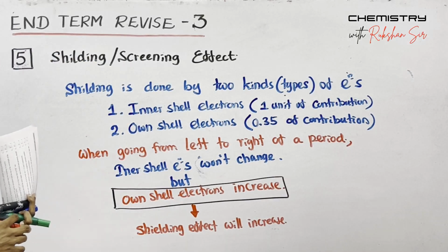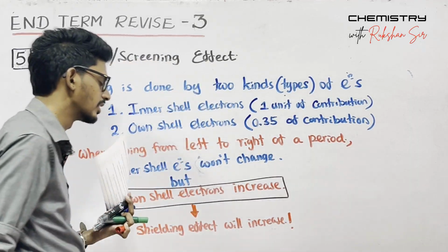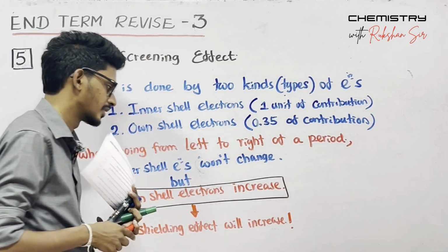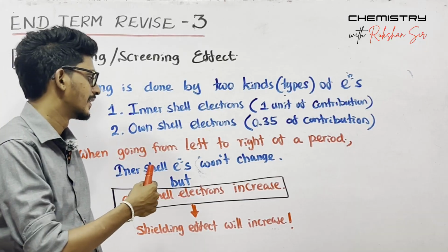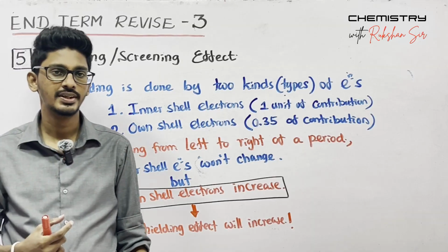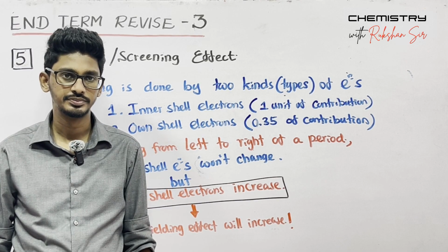Shielding effect will increase. Even though by a smaller extent, still it will increase. So that is what you should know. Actually, going towards the right of a period as well as going down a group, on both occasions shielding effect will increase.